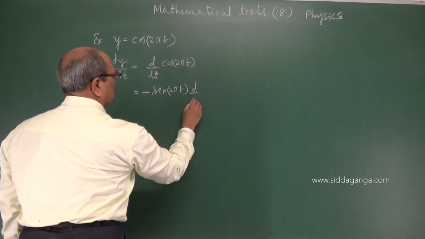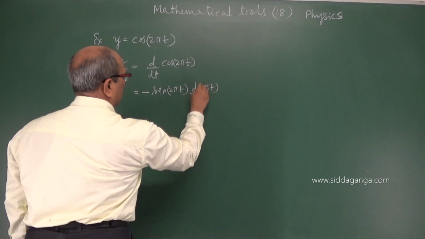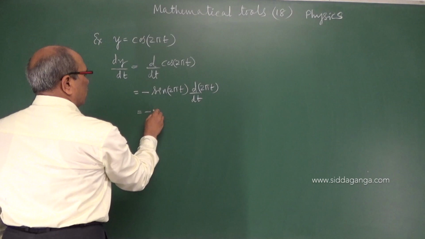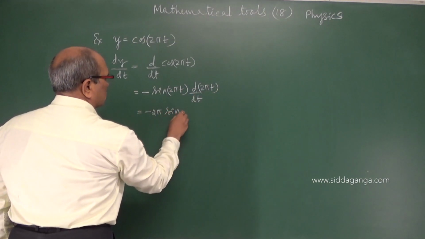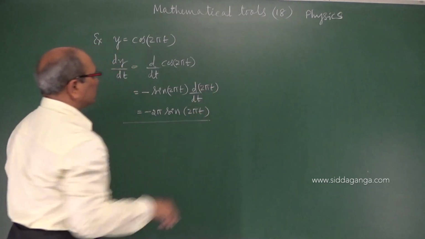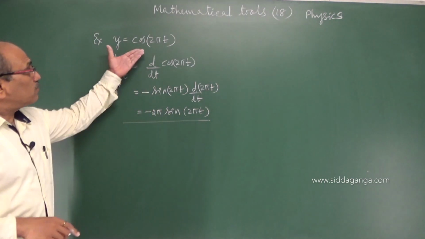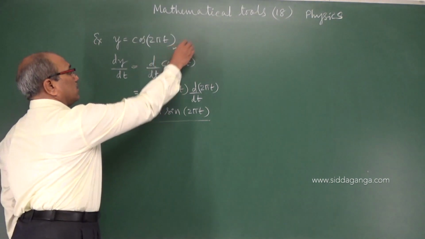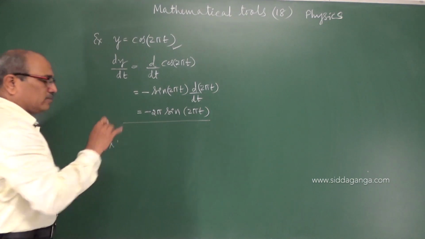Again you have to differentiate with respect to t the u term 2 pi t, and you come to know minus 2 pi remains here. I bring this side into sine 2 pi t, that is the answer. I am giving simple examples from which you can understand the differential functions and formulae given to you. Let us take another example.